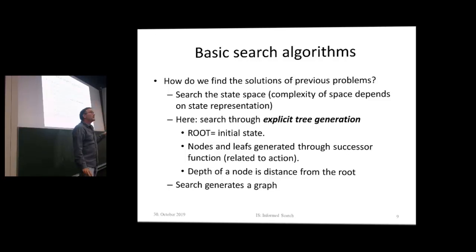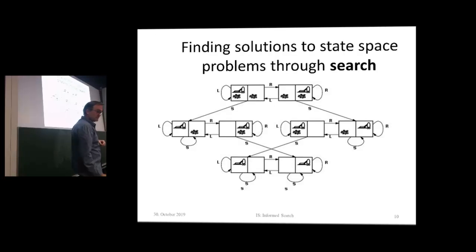Search can also create cycles in those trees, but we try to avoid them, and I'm going to talk about this later. So if you have such a state space representation as we have here, we want to find a solution through search.